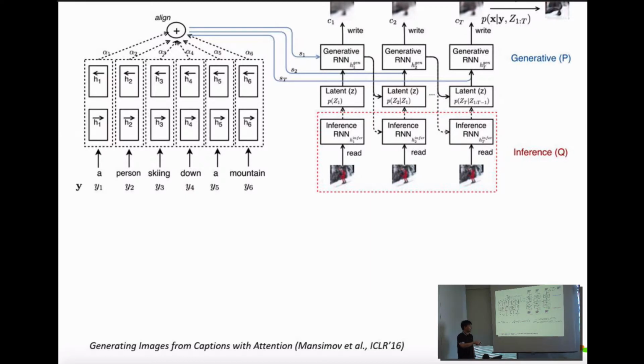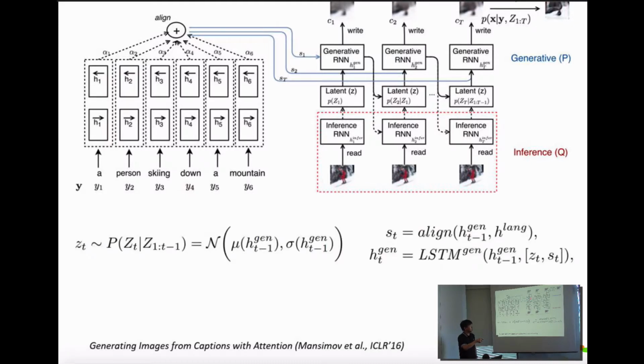Another thing is that at each time step, the hidden state of the RNN that writes to the image is constructed by the LSTM, which takes the input of the noise and the text, and the s_t here comes from the attention mechanism. So every time they write something, they look back at the whole text, all the words, and compute the attention weights, which tell which word to focus on.